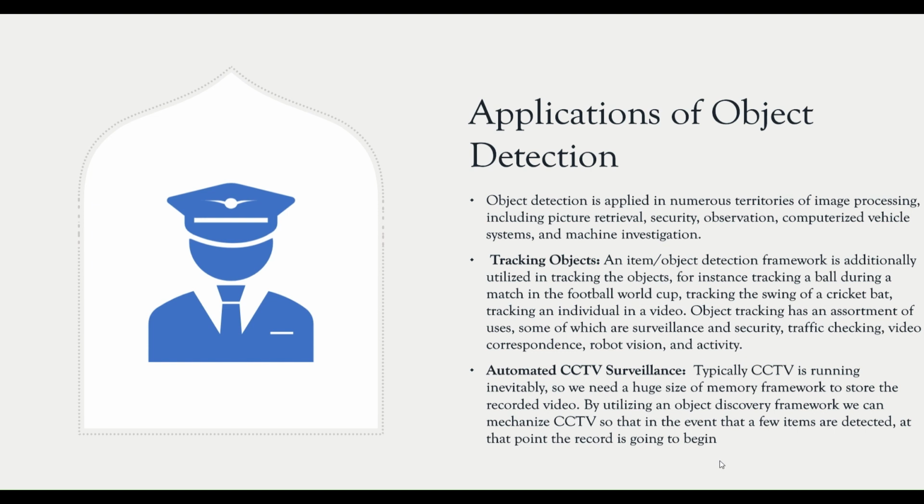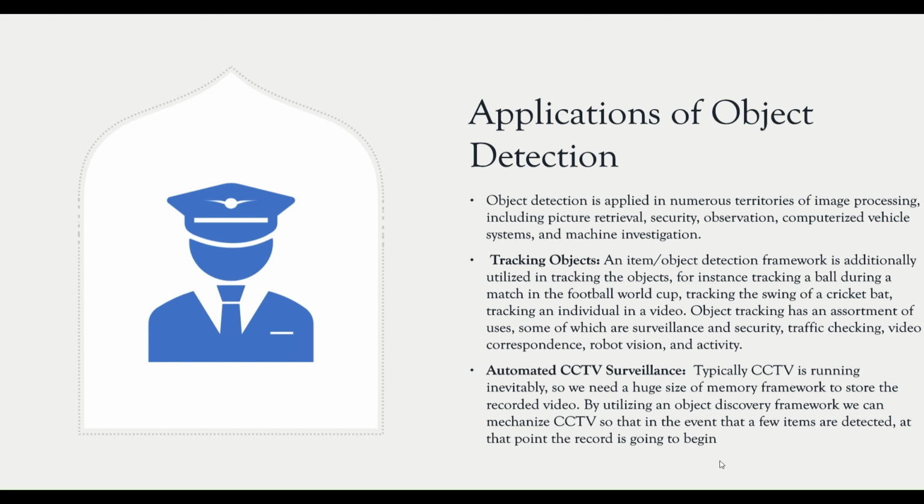An object detection framework is additionally utilized in tracking objects, for instance, tracking a ball during a match in the Football World Cup, tracking a swing of a cricket bat, or tracking an individual in a video. Object tracking has an assortment of uses, some of which are surveillance and security, traffic checking, video correspondence, robot vision, and activity.